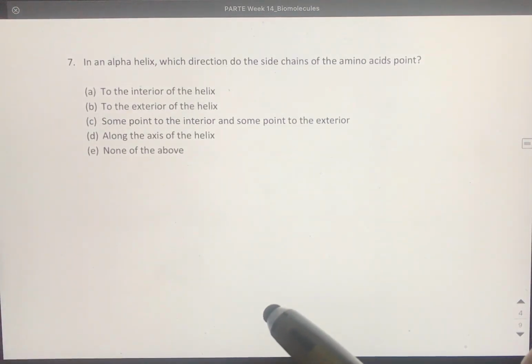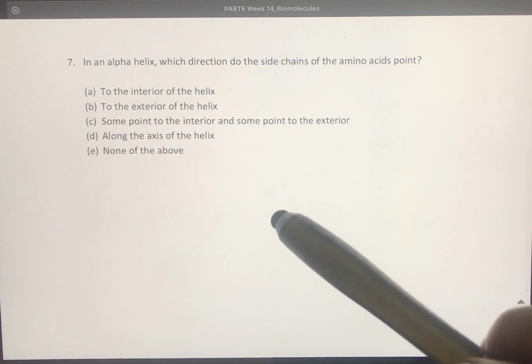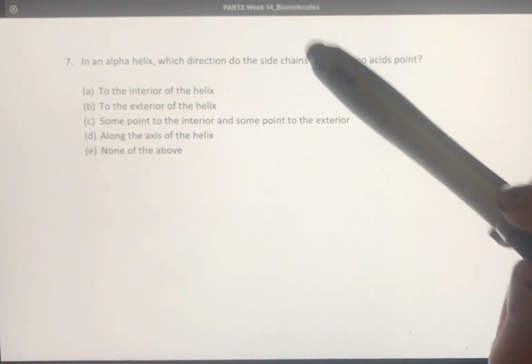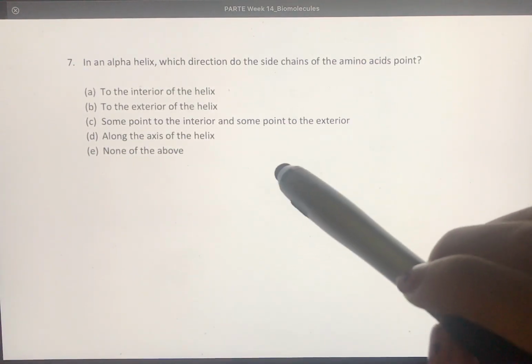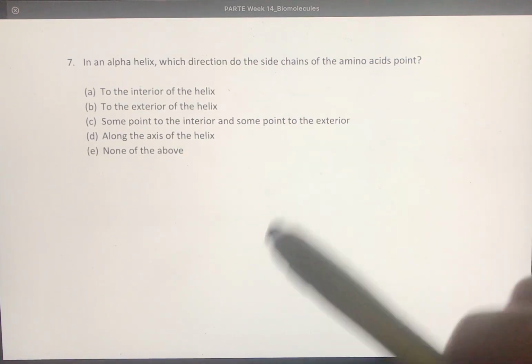So in question 7, it asks, in an alpha helix, which direction do the side chains of the amino acid point? So alpha helices are something that is observed in the secondary structure, and it doesn't involve the side chains.